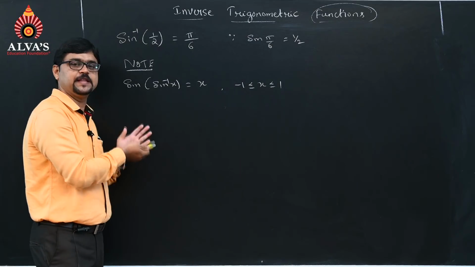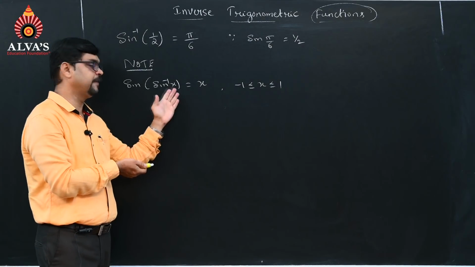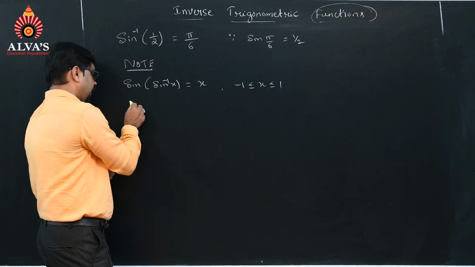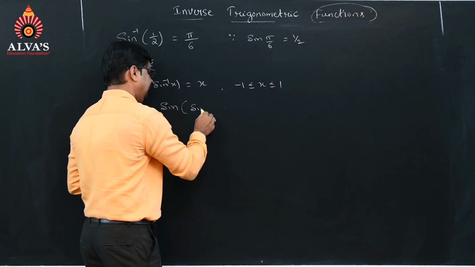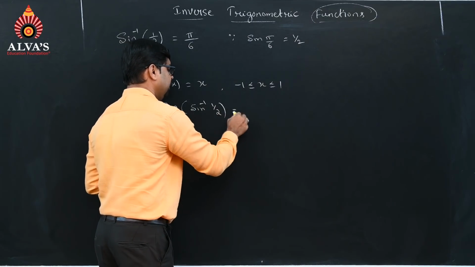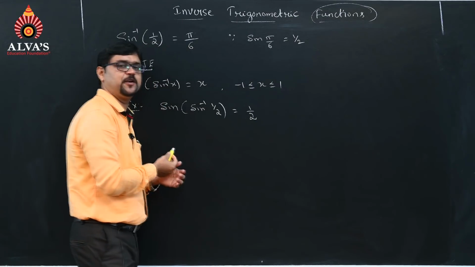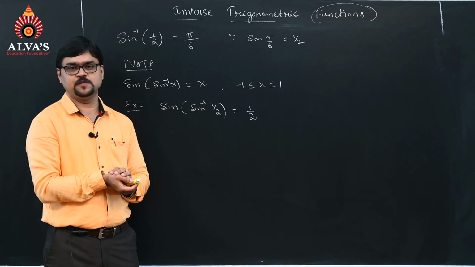With the help of the definition and properties of function we can give the relation like this. For example, sine of sine inverse of 1 by 2, no need to evaluate, directly you can write the answer as 1 by 2, because this 1 by 2 comes under the interval minus 1 to plus 1.